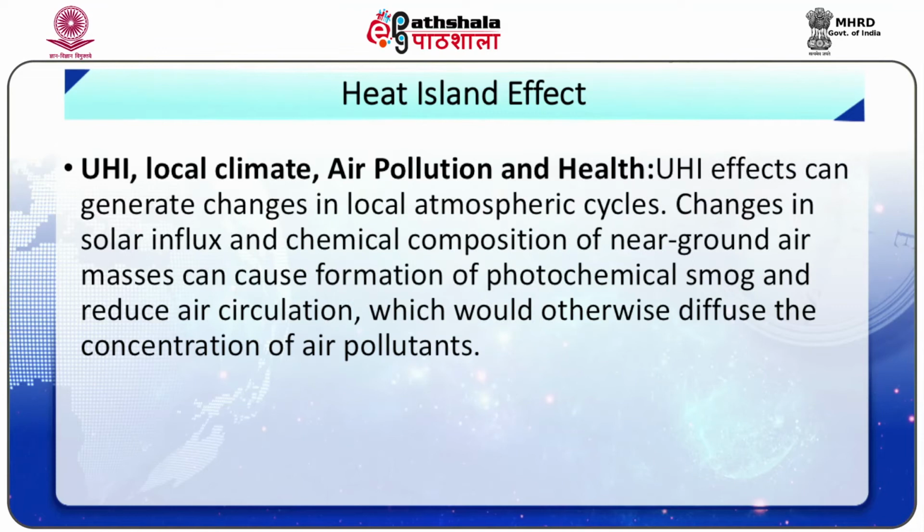Now, let us look at urban heat island, local climate, air pollution, and health. Urban heat island effects can generate changes in local atmospheric cycles, changes in solar flux and chemical composition of near-ground air masses. These can cause formation of photochemical smog and reduce air circulation, which would otherwise diffuse the concentration of air pollutants.